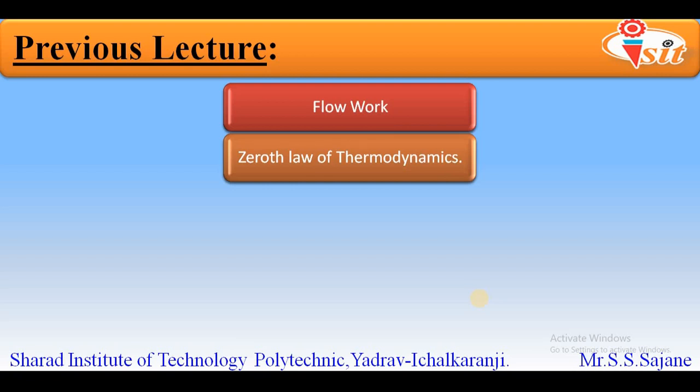We related all these three systems and discussed how they will attain the state of thermal equilibrium. I also told that the zeroth law gives us an idea whether heat transfer will take place or not. So this was about the zeroth law of thermodynamics.